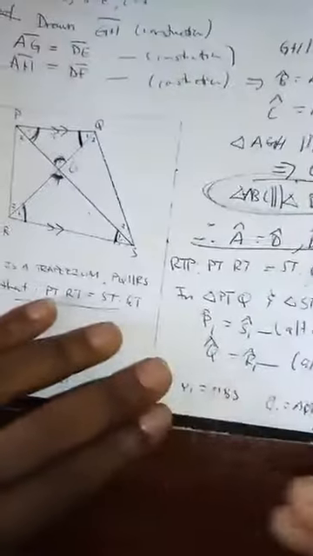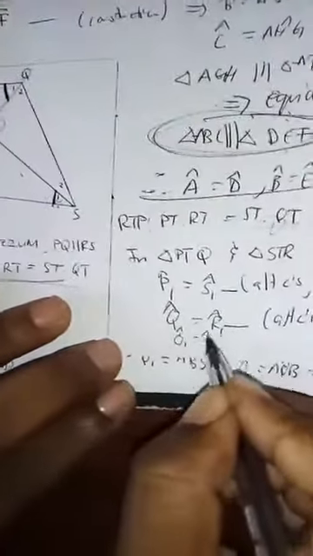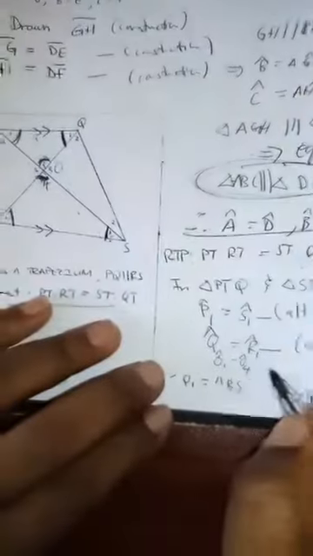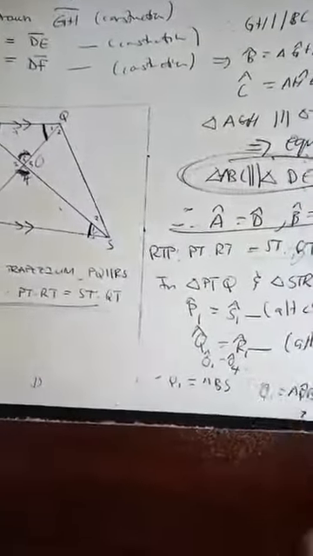So I don't know what to call that part, maybe call that 1, 2, 3, 4. And therefore you have three angles being equal. You have three angles being equal. That is equal to that. So these are equiangular.